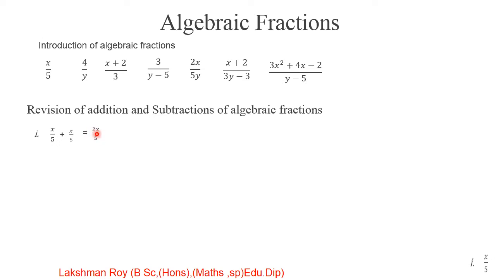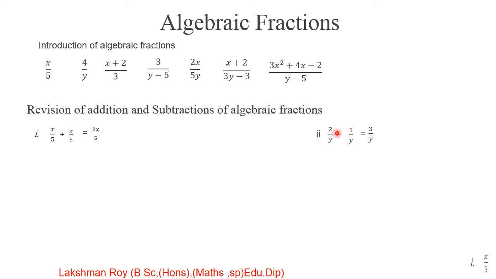Let's see another example, 2 over y. I want to add another algebraic fraction. Here the denominator is an algebraic term, but no matter. The denominator is y in both fractions, so the denominators are equal. In the answer you write one denominator y, and you add the numerators, 2 plus 1, that is 3.